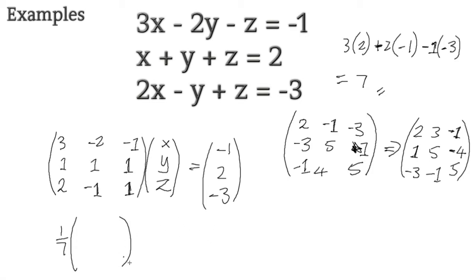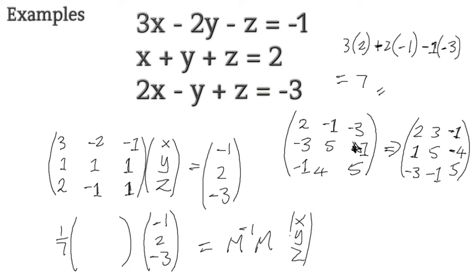And so if I front multiply this whole thing by the inverse, this should cancel, but I also need to front multiply the right-hand side of minus 1, 2, and minus 3. So essentially, front multiplying the inverse, M to the minus 1, which is 1/7 times this adjoint.